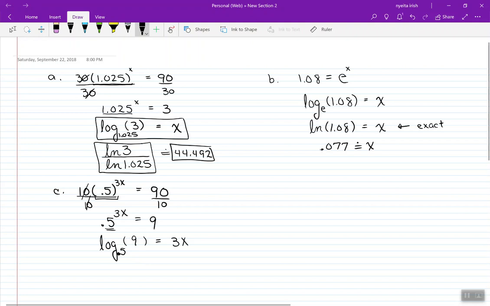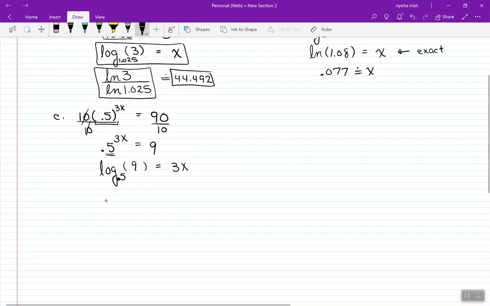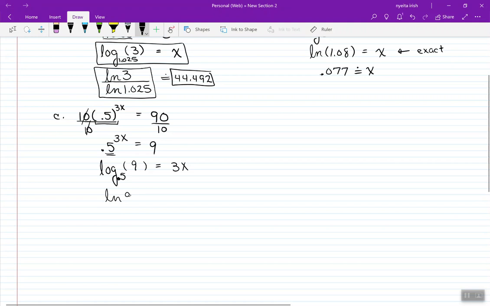I can do a couple of things. I can go ahead and figure out what this is first. So again, I'm going to do my change of base. Natural log of 9 divided by natural log of 0.5. Figure out the decimal there.